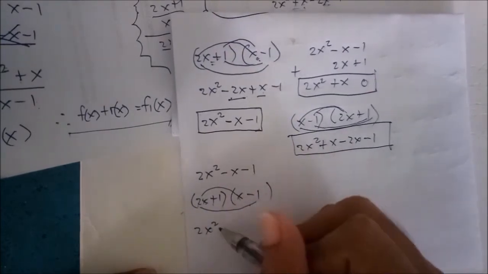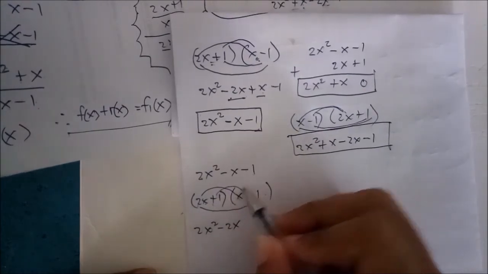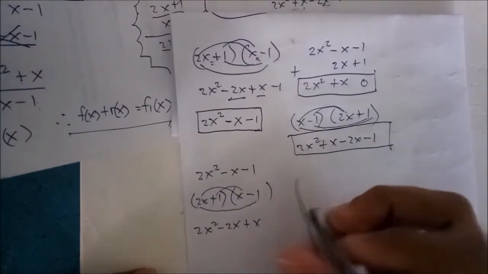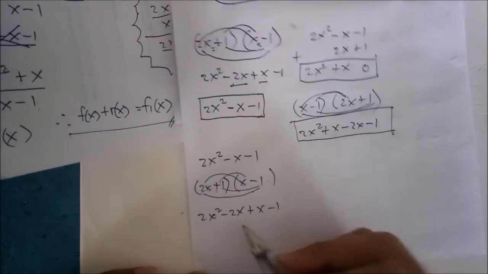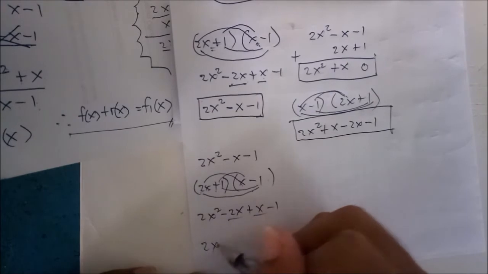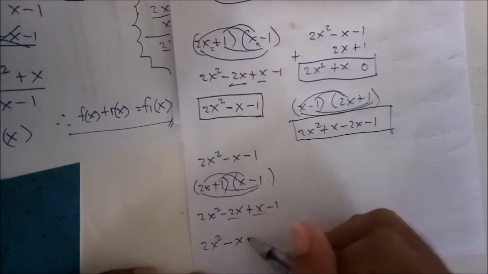So using the distributive property, we check: 2x times x equals 2x squared. 2x times negative 1 equals negative 2x. Positive 1 times x equals positive x. Positive 1 times negative 1 equals negative 1. Same like terms: 2x squared minus x minus 1.